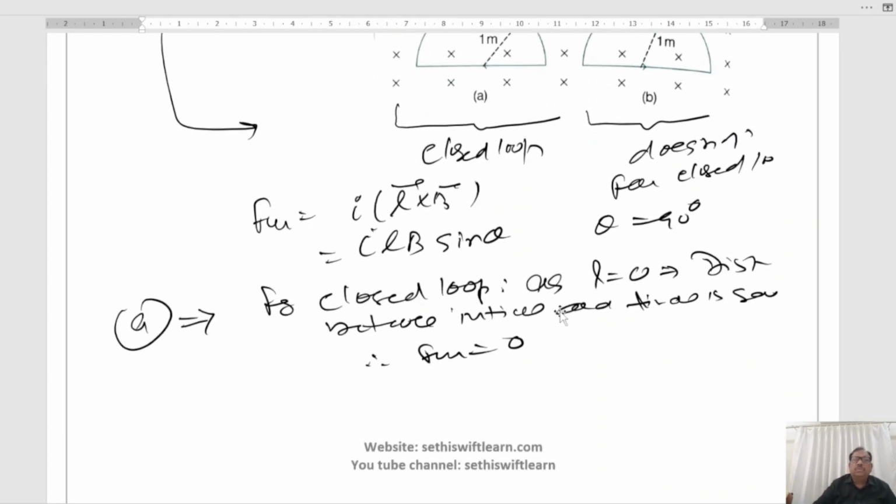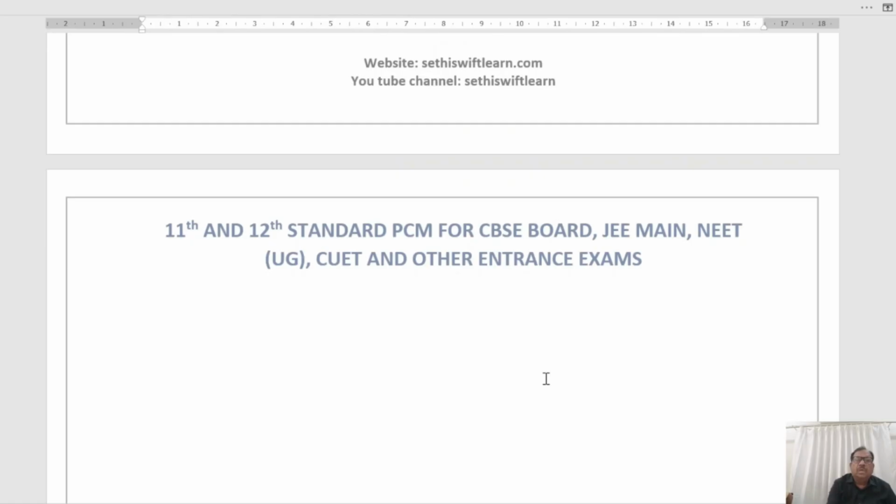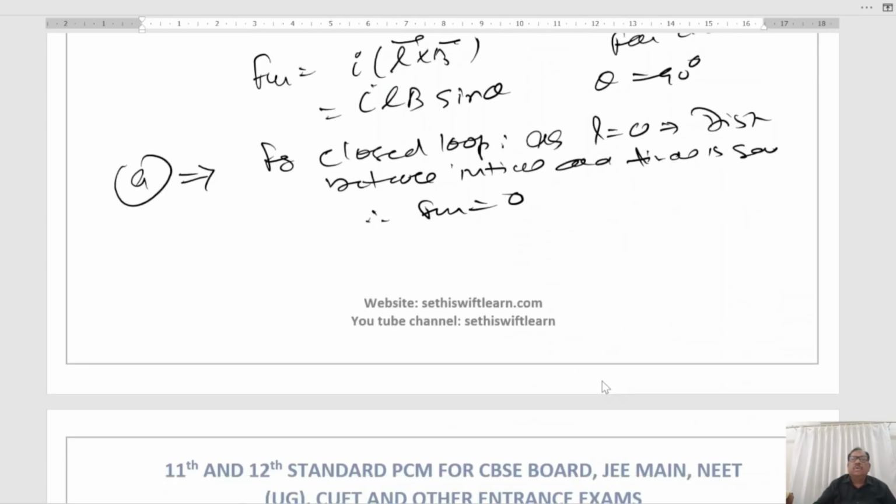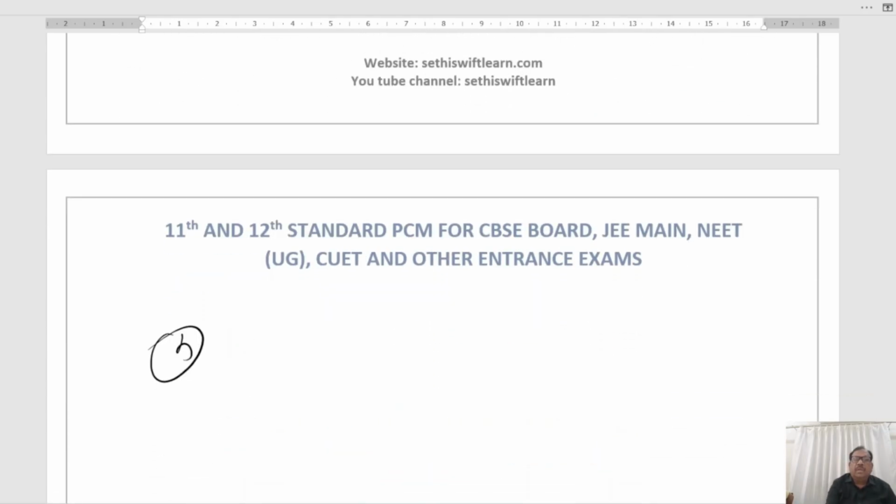In case 2, in case B, this point is C, this is A, this is B. Now, current in the wire ACB, and current in the wire AB.